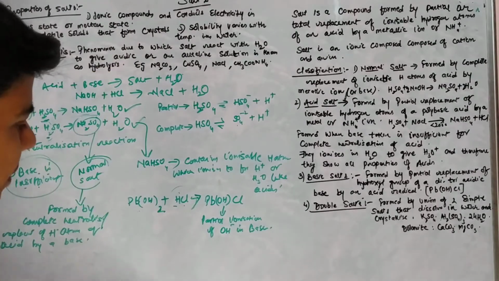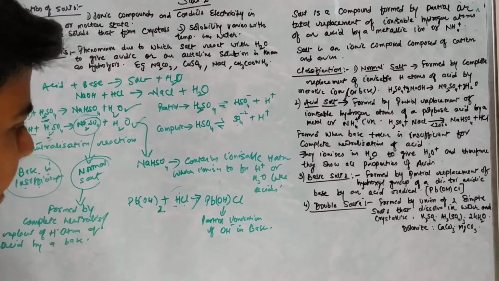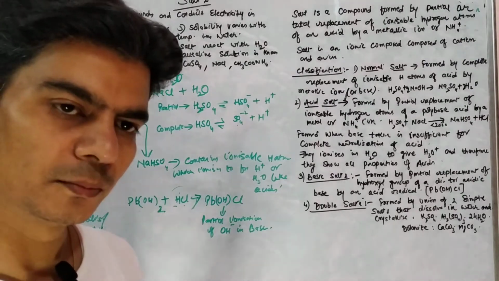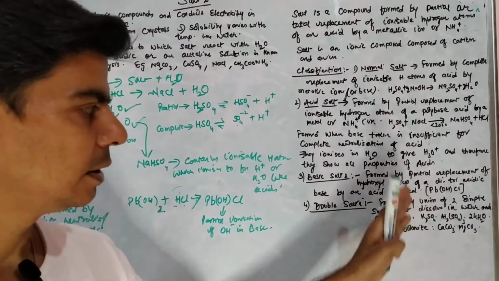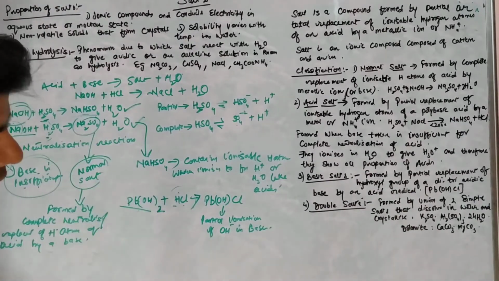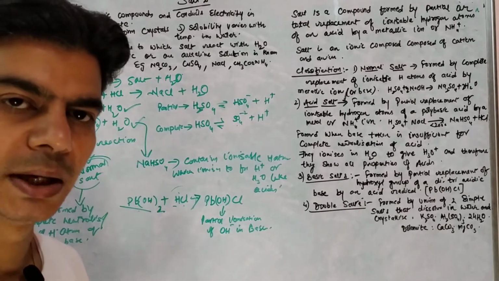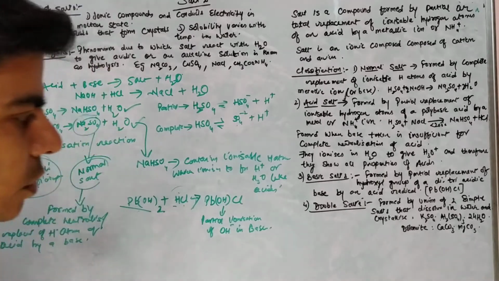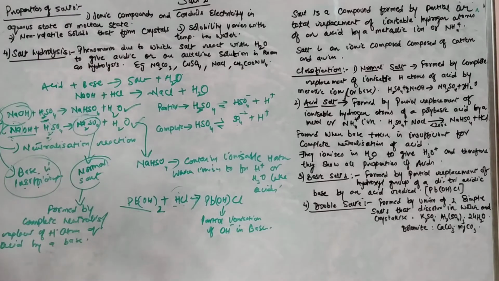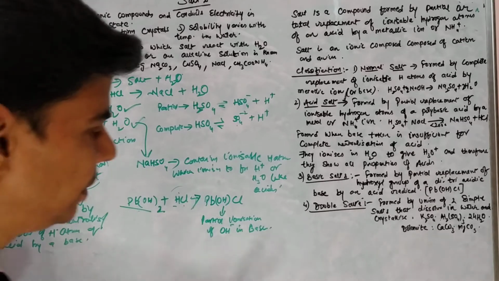A triacidic base would be like aluminium hydroxide, Al(OH)3, right? Because we need to have more than one hydroxyl ion. This is a diacidic base because it contains two hydroxyl ions, right? Similarly, aluminium hydroxide is a triacidic base because it contains three replaceable hydroxyl ions, right? So di and triacidic bases can form these basic salts.